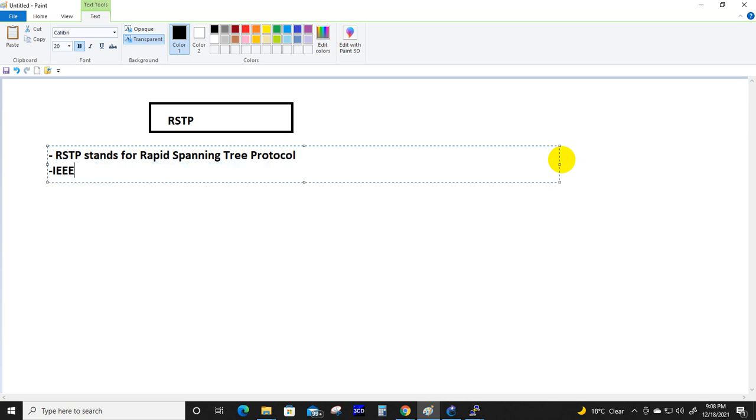It is IEEE 802.1W, an open standard protocol.